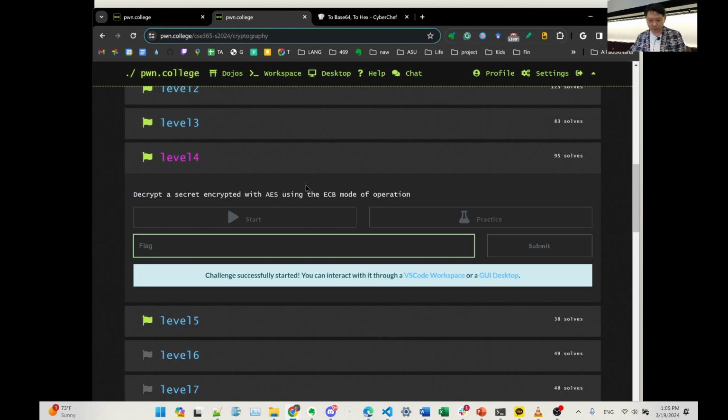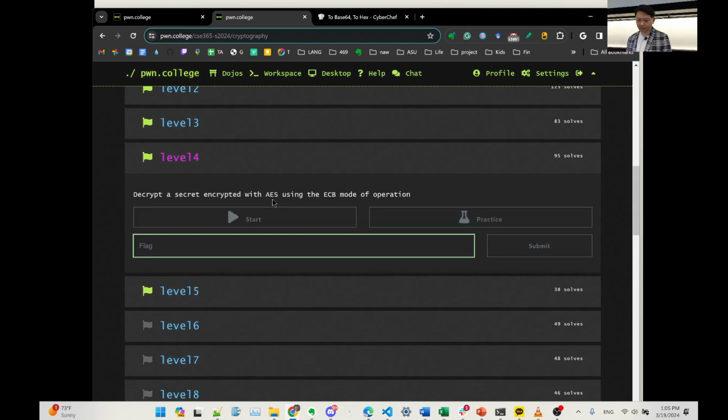So levels 4 and 5 are the AES ECB mode, a very vulnerable mechanism. So we can predict, we can guess some pattern of the output.